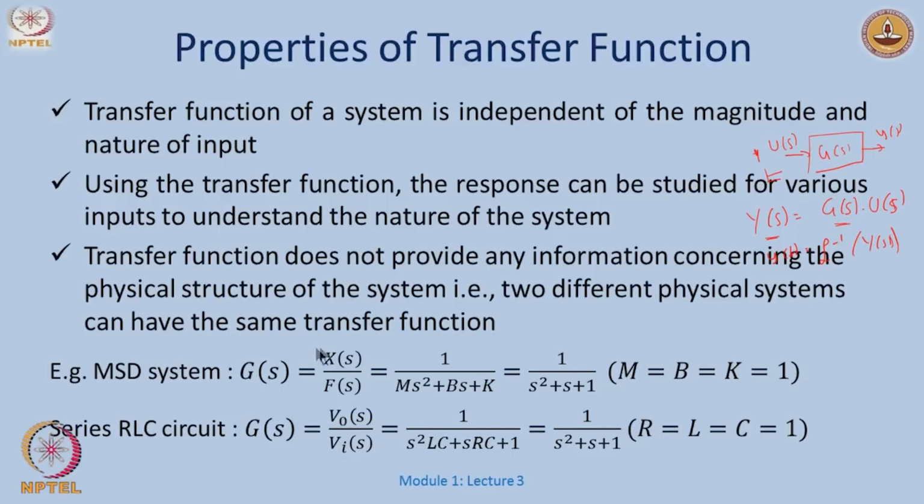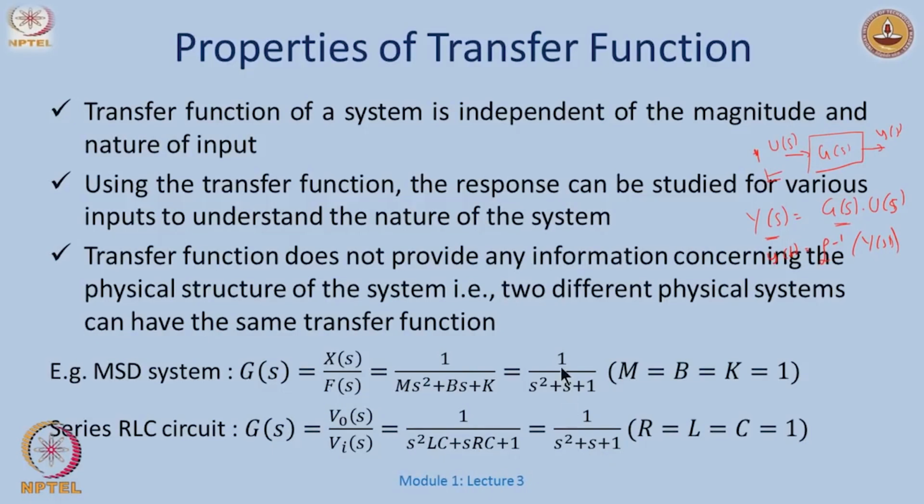Let me just take the example of the mass spring damper system, which we had studied in our earlier lectures. It had a transfer function of 1 over ms² plus bs plus k. If I take a simple case of m equal to b equal to k equal to 1, I have this transfer function. And the RLC circuit which we saw in our previous slides had a transfer function of this sort, which for R, L and C being equal to 1 again translates back to this one.